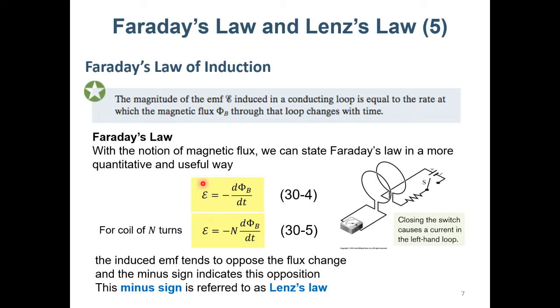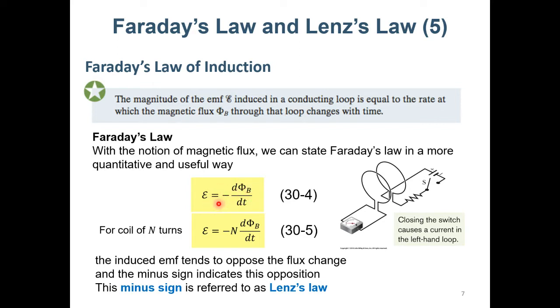E is the EMF, electromotive force, and Φ_B is the magnetic flux, and then we take the derivative with respect to time and take the minus sign.